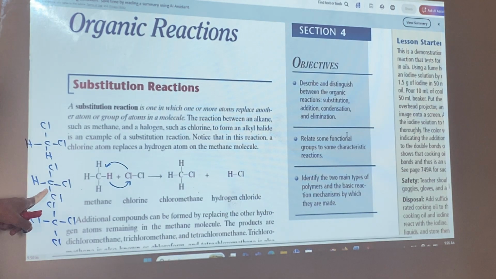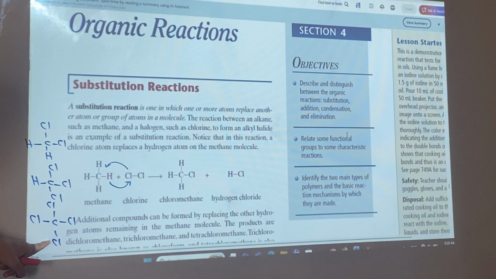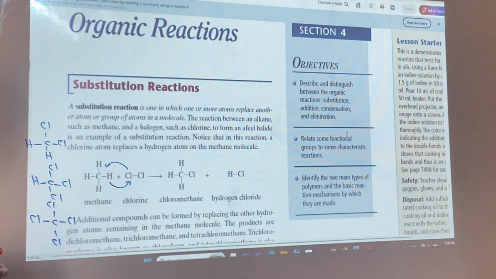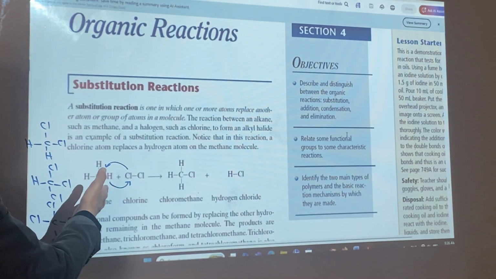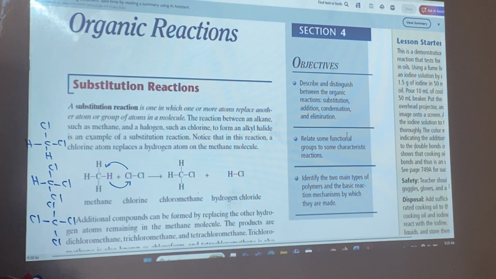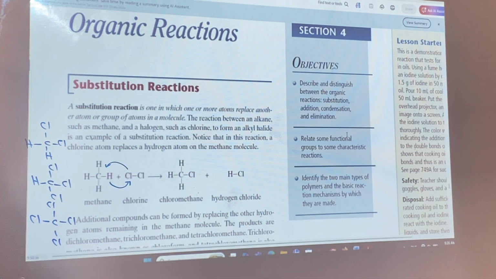Trichloromethane is also called chloroform, and tetrachloromethane is called carbon tetrachloride. These are the products of the replacement of hydrogen by chlorine in these reactions.